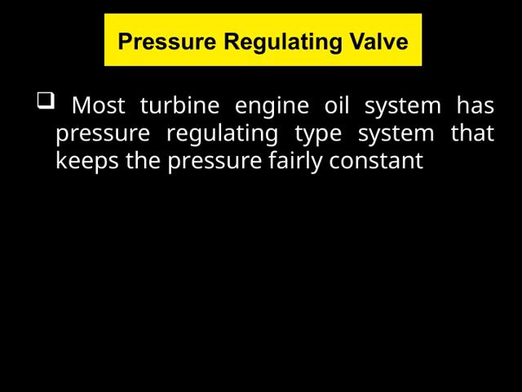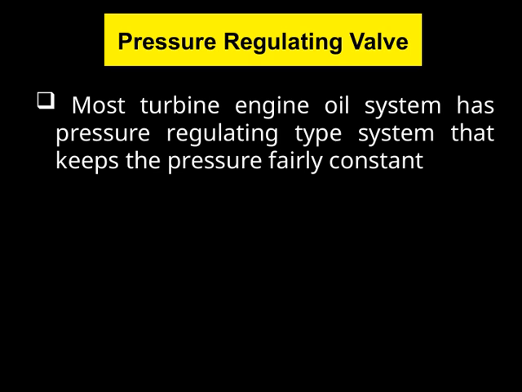By doing so, it prevents pressure fluctuations that could lead to potential engine damage or inefficiency. This system is a vital part of the overall engine lubrication strategy, helping to enhance performance and extend the life of the engine. So, understanding how the pressure-regulating valve works gives us insight into how these engines stay reliable under various operating conditions.